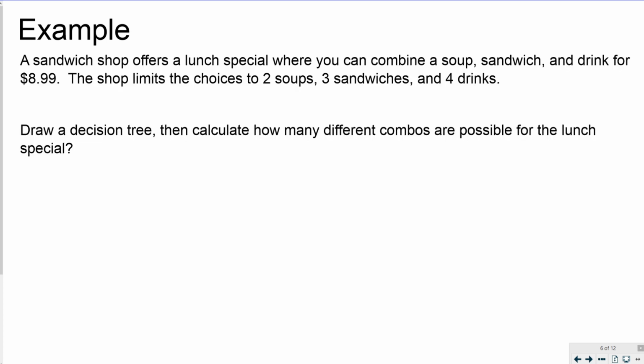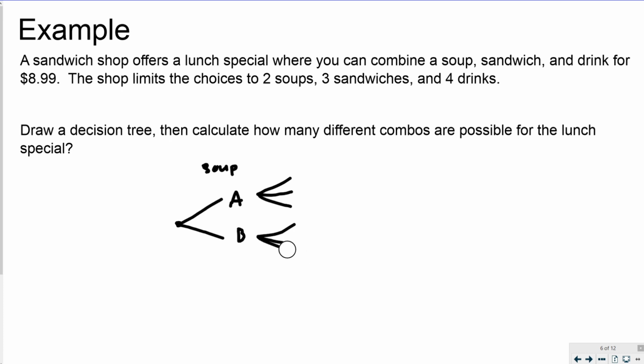Okay, so what we're going to do here is start, and we have to make a choice. We've got 2 soups, so we have to pick a soup. We can have soup A, or we can have soup B. We don't know what the soups are. After soup A, we have 3 choices to make.